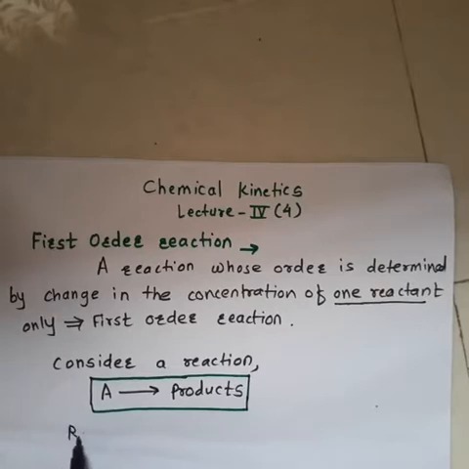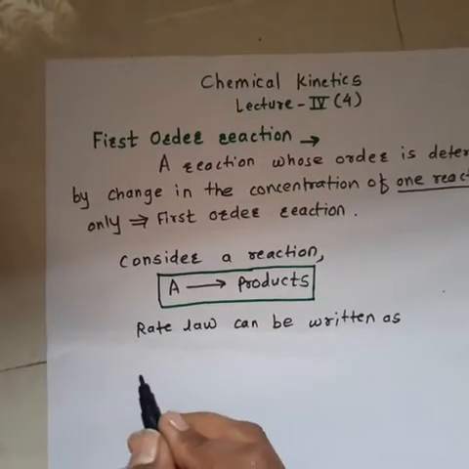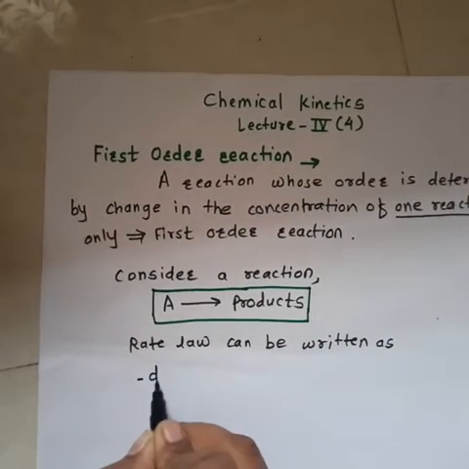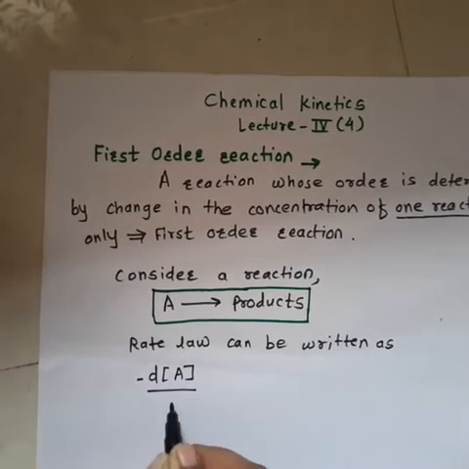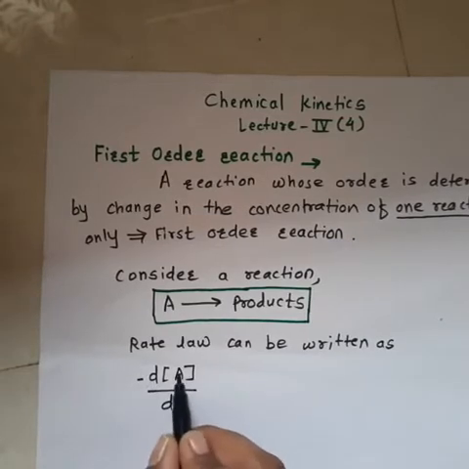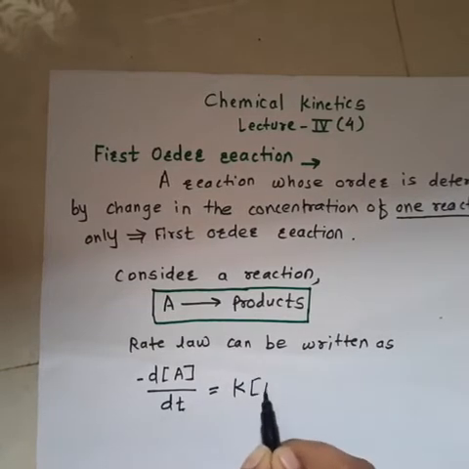The rate law can be written as the decrease in the concentration of reactant, minus dA upon dt. Decrease means negative sign. Minus dA upon dt is equal to k into concentration of A.